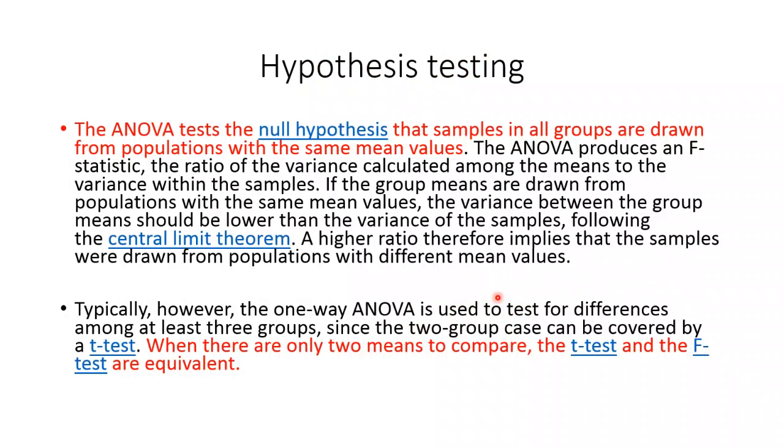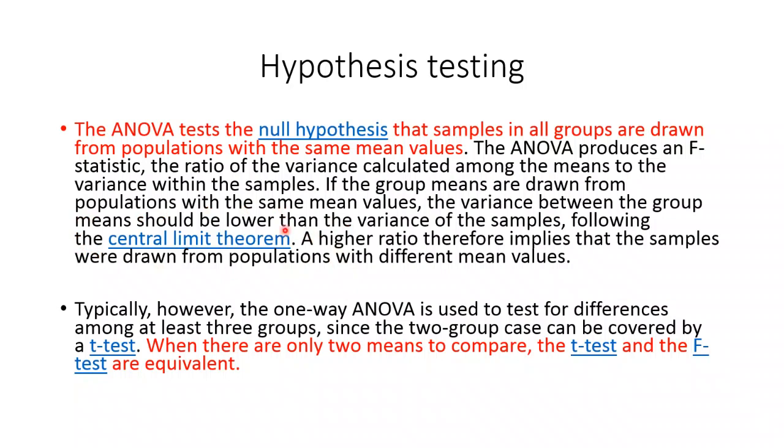Hypothesis testing in ANOVA. ANOVA tests the null hypothesis that samples in all groups are drawn from populations with the same mean values. Over here the central limit theorem applies. There were some conditions of the central limit theorem, which I have already taught you before.